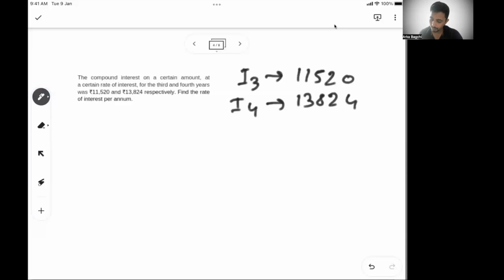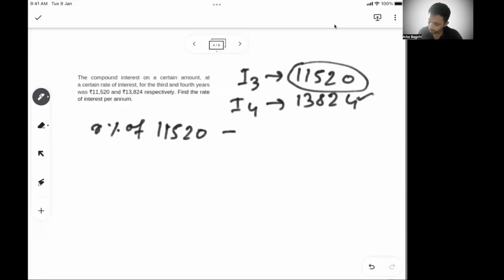Now if this 11,520 was not added to your principal, your interest in the fourth year would have remained the same. Because this 11,520 is added to the principal and it's compound interest, your interest in the fourth year increased to 13,824. So can I say R percent of 11,520, R being the rate of interest, is nothing but 13,824 minus 11,520?